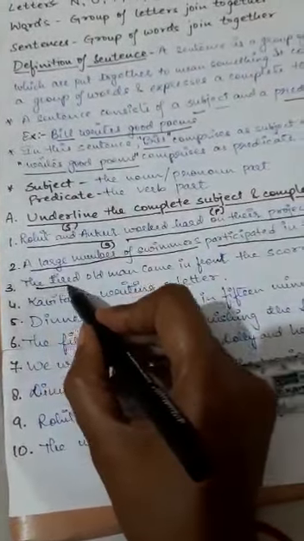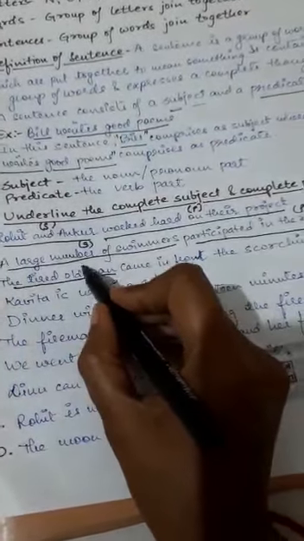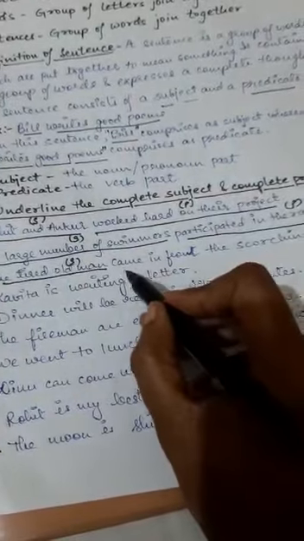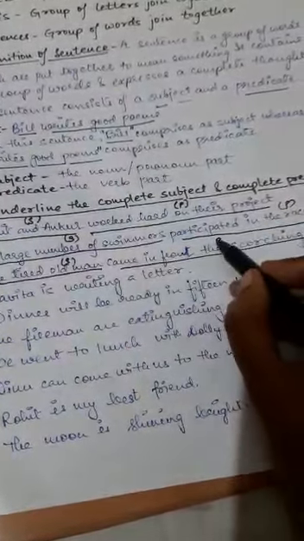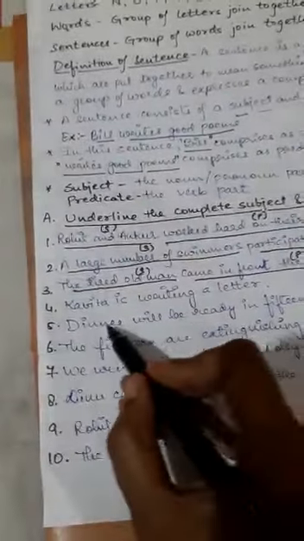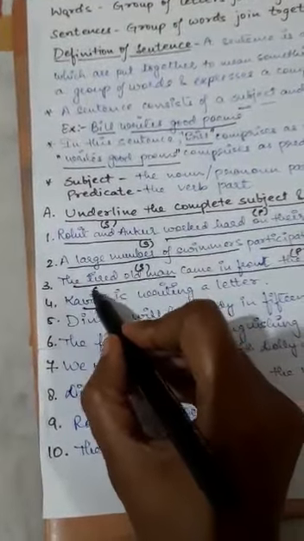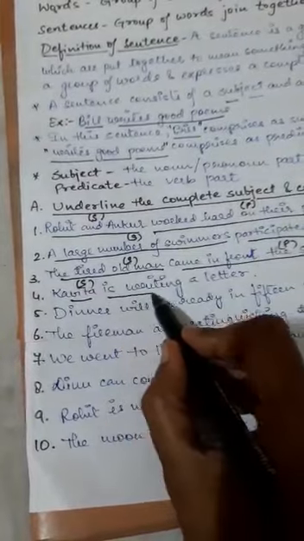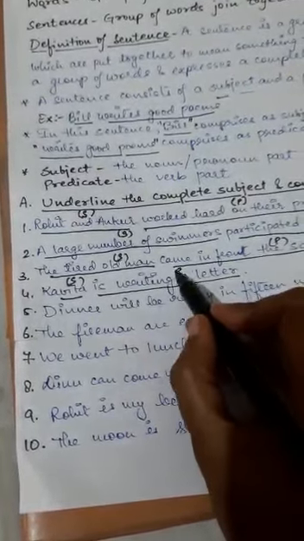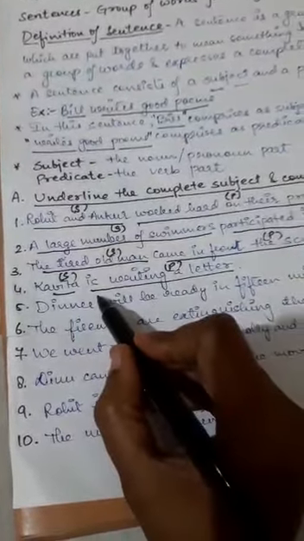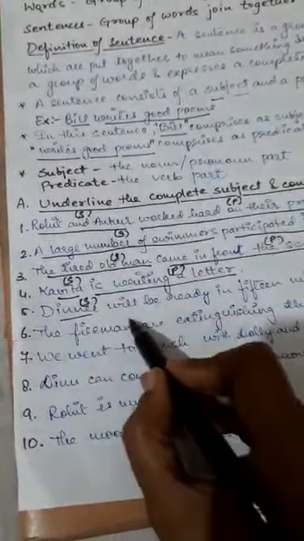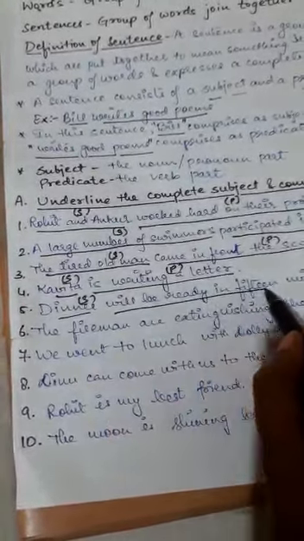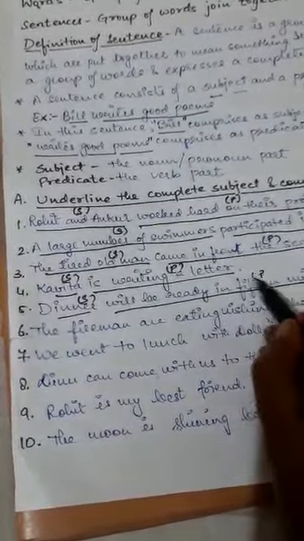Next, the tired old man comes under subject and came in front the scorching heat comes under predicate. Next, Kavita comes under subject and is writing a letter comes under predicate. Is is your helping verb. Next, dinner comes under subject and will be ready in 15 minutes comes under predicate.